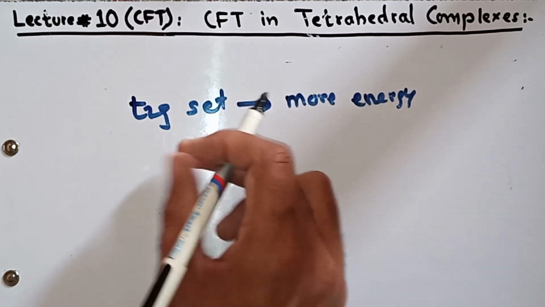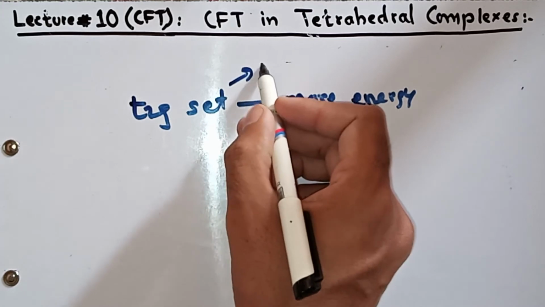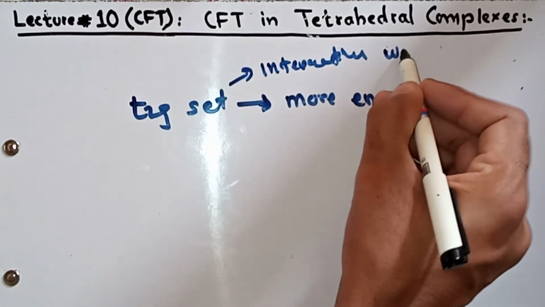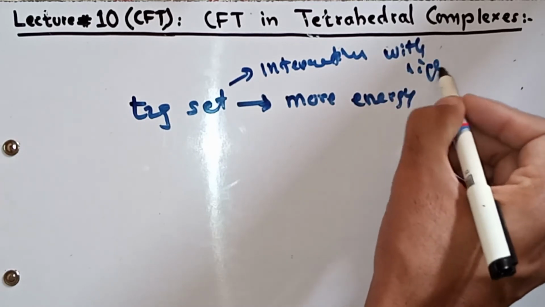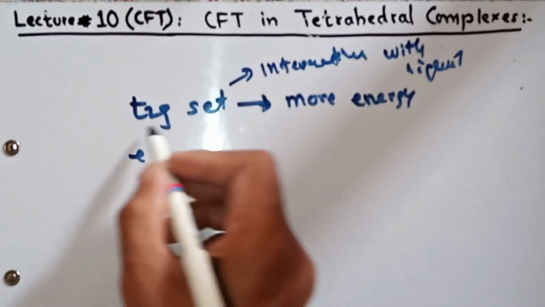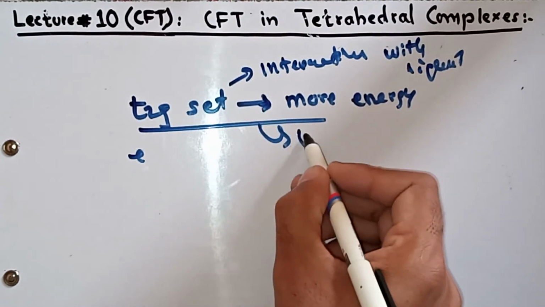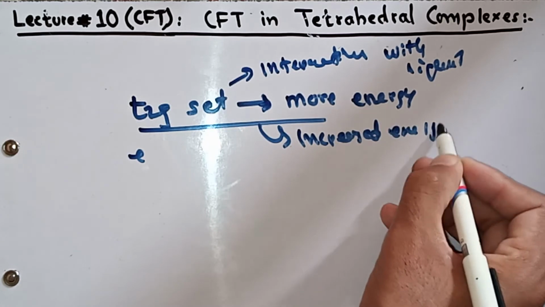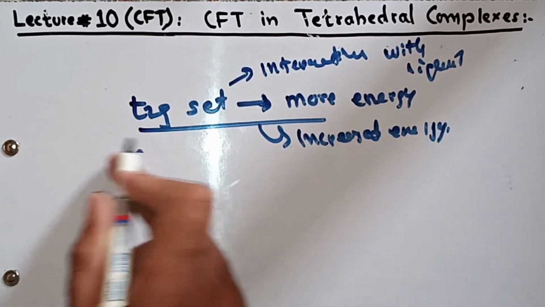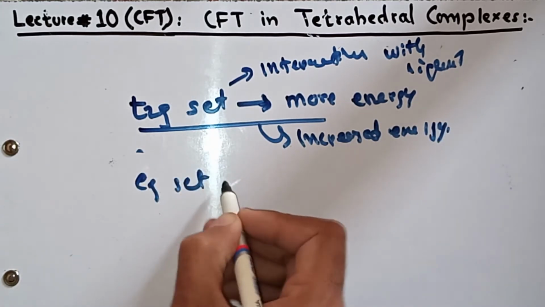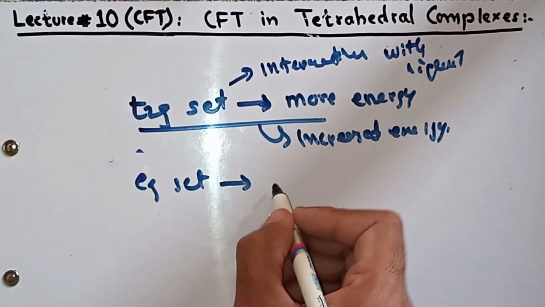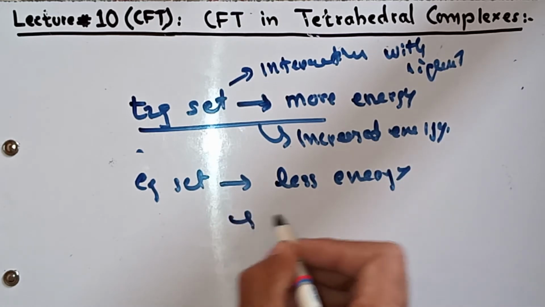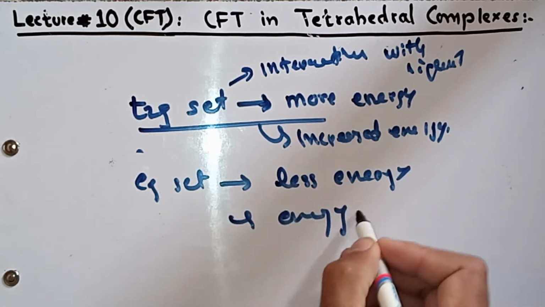So that's why T2g orbitals have more interaction with ligands, and their energy will be increased. But the eg set will have less energy, their energy will be decreased.